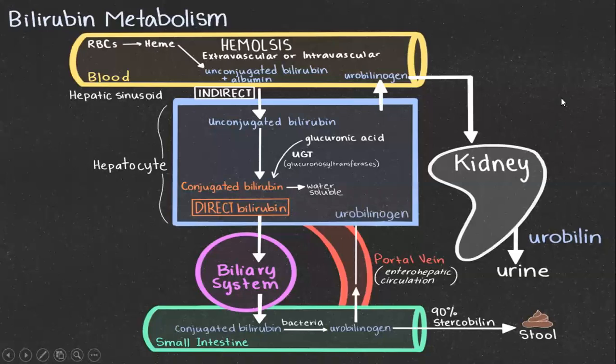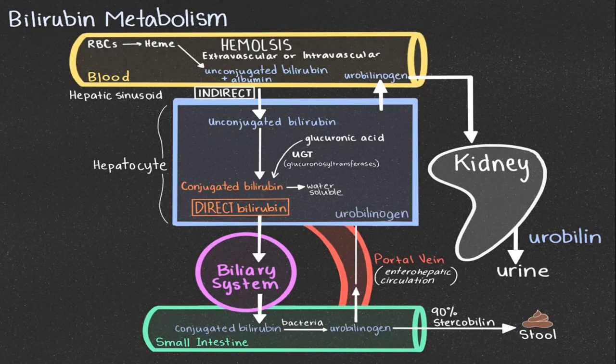So let's discuss briefly bilirubin metabolism. Remember, your red blood cells are present in the circulation for 120 days. After 120 days, your red blood cells are destroyed by the reticuloendothelial system, such that destruction of senescent or old red blood cells, or red blood cells that have lived their lifespan of 120 days, will produce hemoglobin.